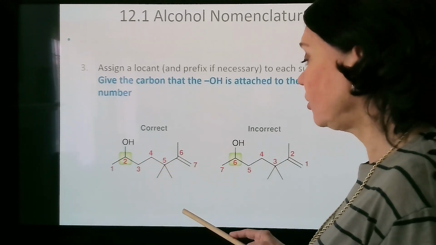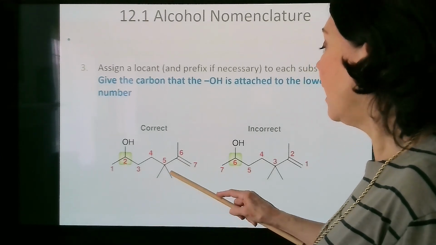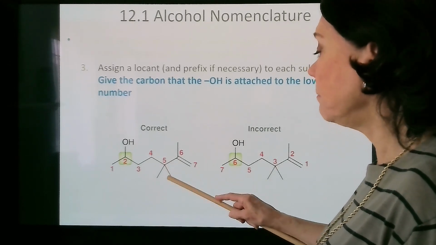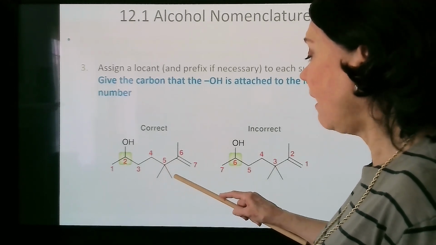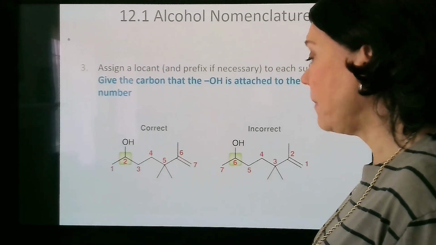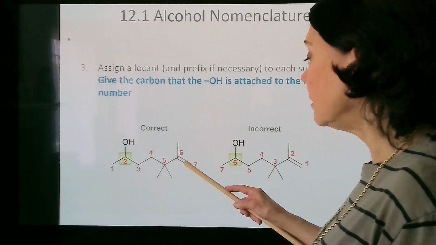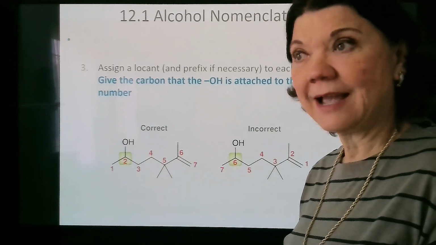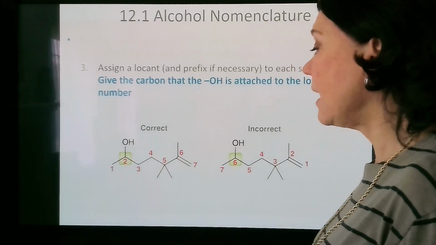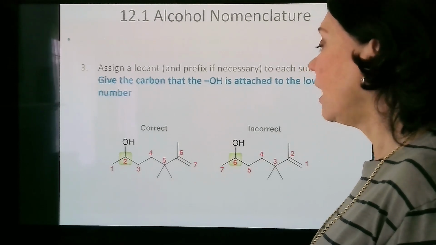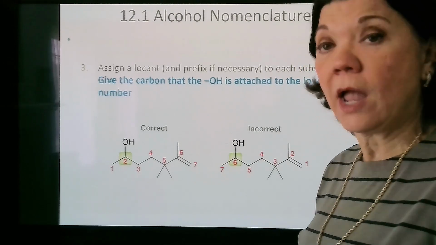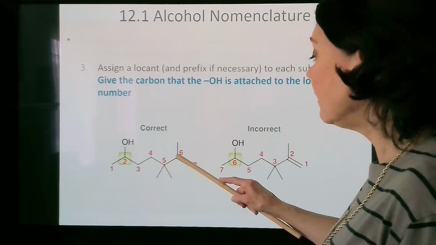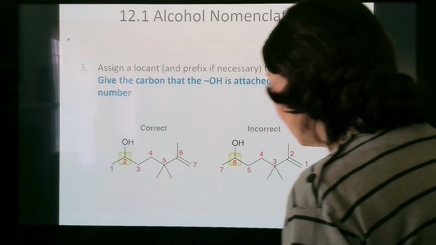So therefore, this is a trimethyl heptenol, and when you add in the numbers, it is a 5,5,6-trimethylhept-6-en-2-ol. Okay, and so you would not be able to name this as a 2-heptenol because you're going to have to specify where both the double bond is and the hydroxyl group is.